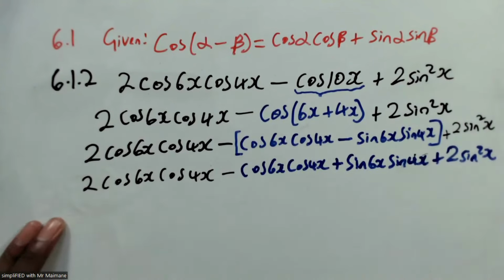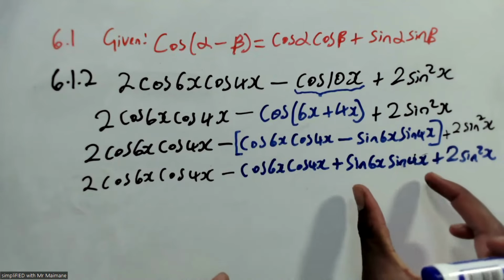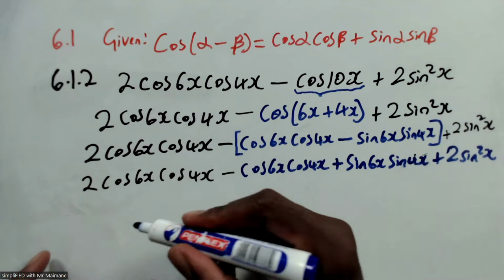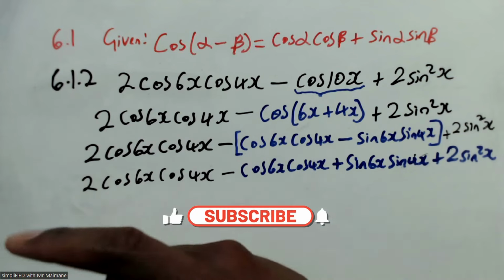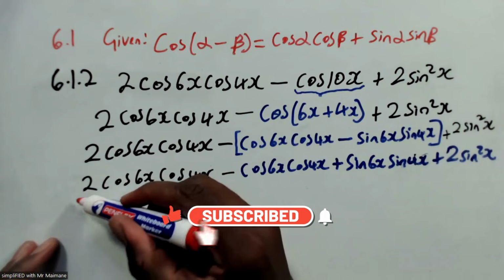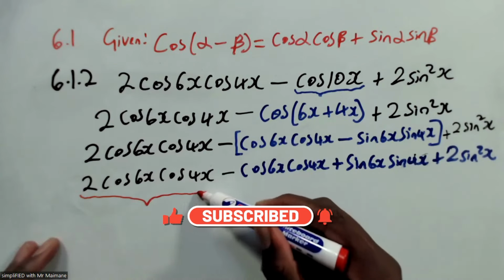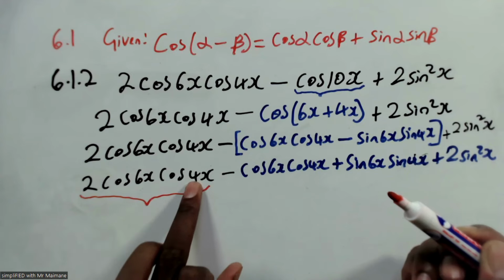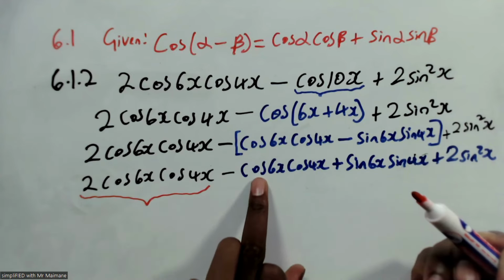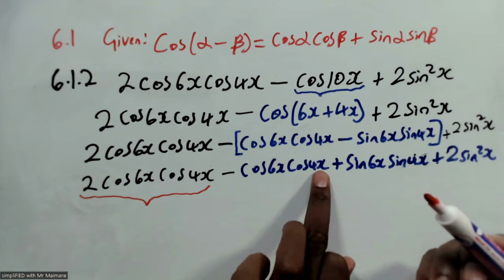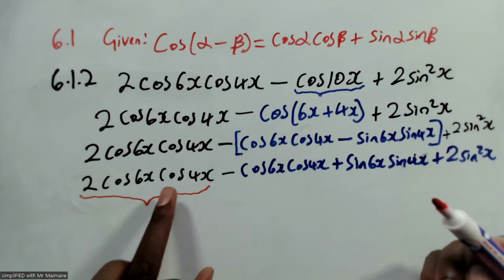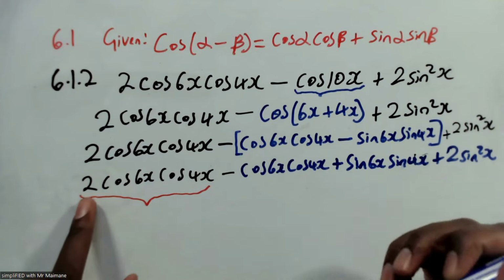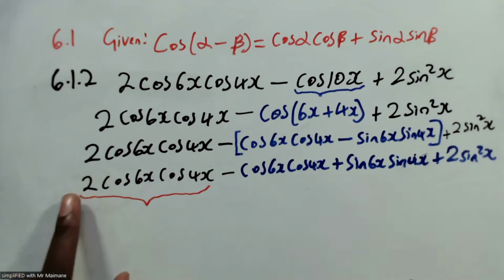So we just break it down like that. But if you look properly, here we have 2 cos 6x cos 4x, and here we have minus cos 6x cos 4x, meaning we'll be left with only 1 cos 6x cos 4x, 2 minus that 1 here.